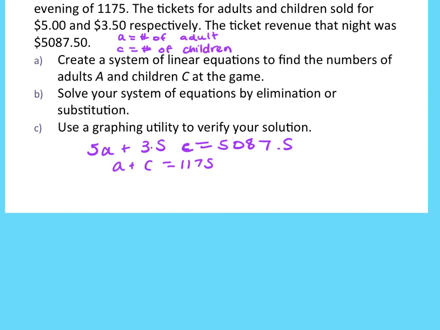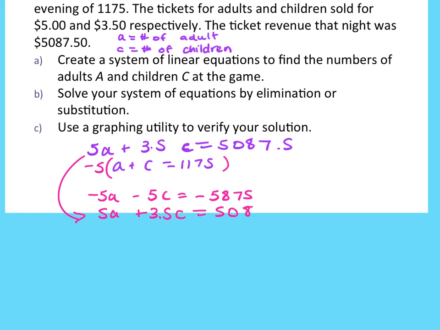Let's say I want to cancel out the a's. What could I multiply the bottom equation by? -5. So I could do -5, and I get -5a minus 5c equals 1,075 times 5, -5875. Now I can add that with this one. These cancel.